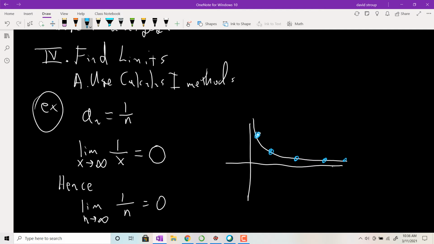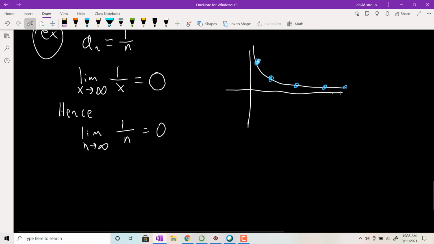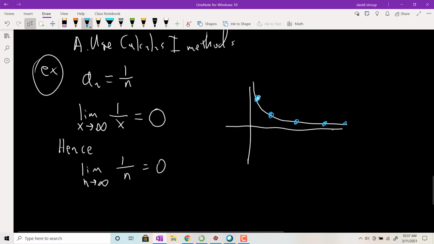Because the function over the reals is getting really, really close to the x-axis, and the function over the integers is just a subset of that. So at least geometrically, I think you can stomach this notion. So a lot of these limits you're going to be able to handle.